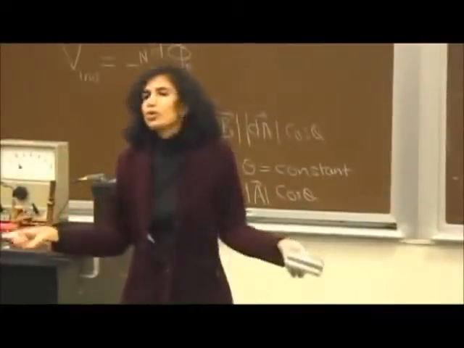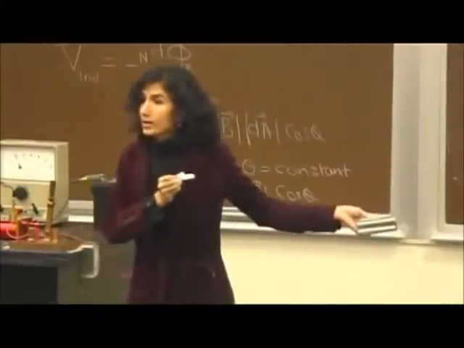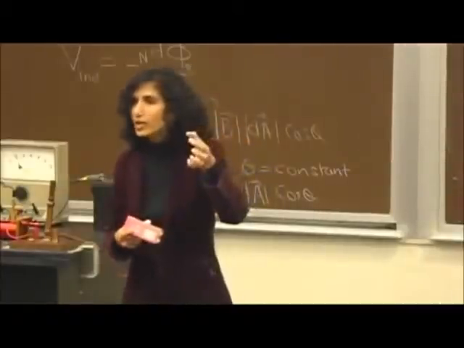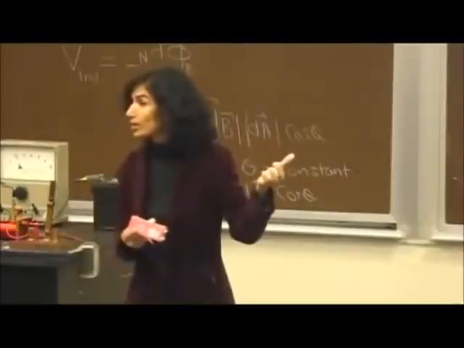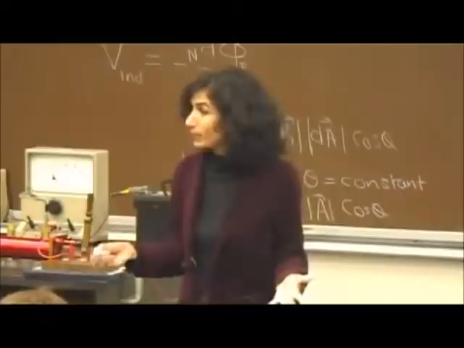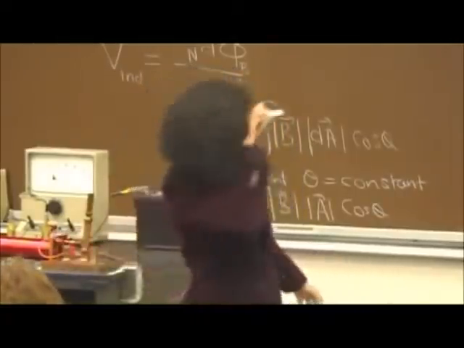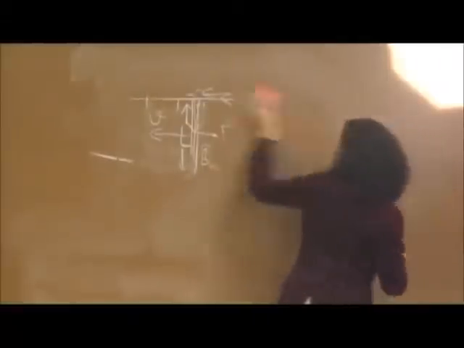Because initially there was no magnetic field through the loop and then there was. So do you think that over that short period of time there should be an induced EMF, an induced current through this loop? Yes. This property of the coil that always opposes the change in the magnetic flux through it is called self-inductance, and it's denoted by this symbol L. Now formally we are going to define self-inductance like this.